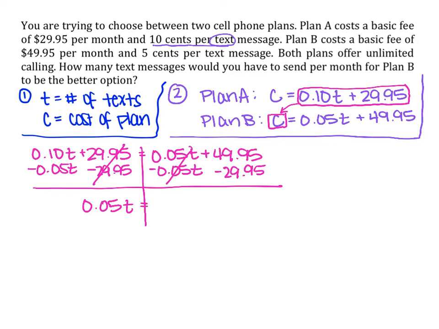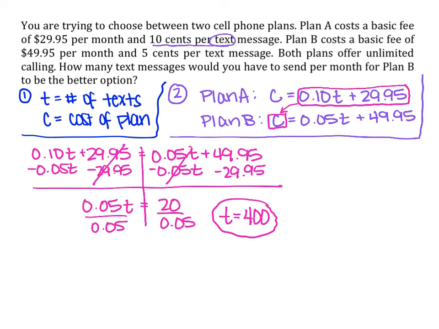So it's a 5 cent difference, and a difference in that initial fee of $20. If I divide by 0.05, it turns out that T is 400.